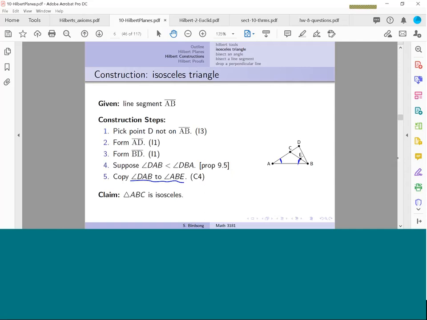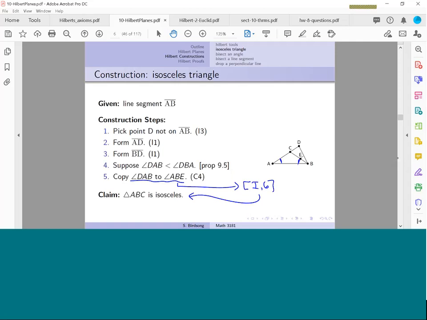If you have a triangle and the only thing you know about it is two of its angles are congruent, what does that tell you? This one tells you that the opposite sides of those congruent angles are also congruent sides. And if you have two congruent sides, that means you're definitely going to be an isosceles triangle. And that right there is totally from Euclid's Elements, proposition 6 from book 1.